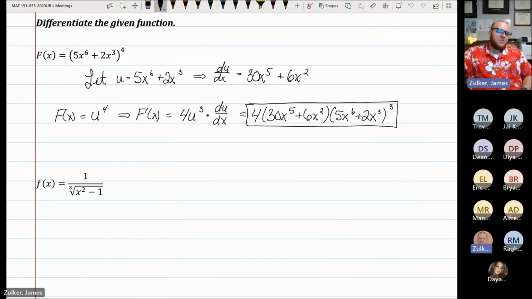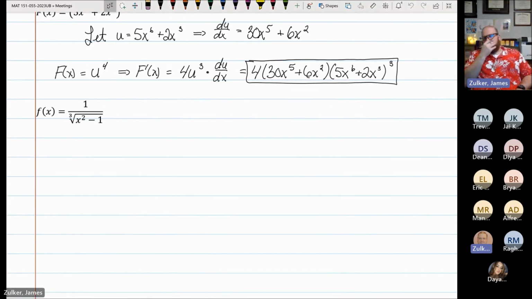Right, so that's one notation. Let me give another notation. Another way to look at this is to write your function as a composition of functions.